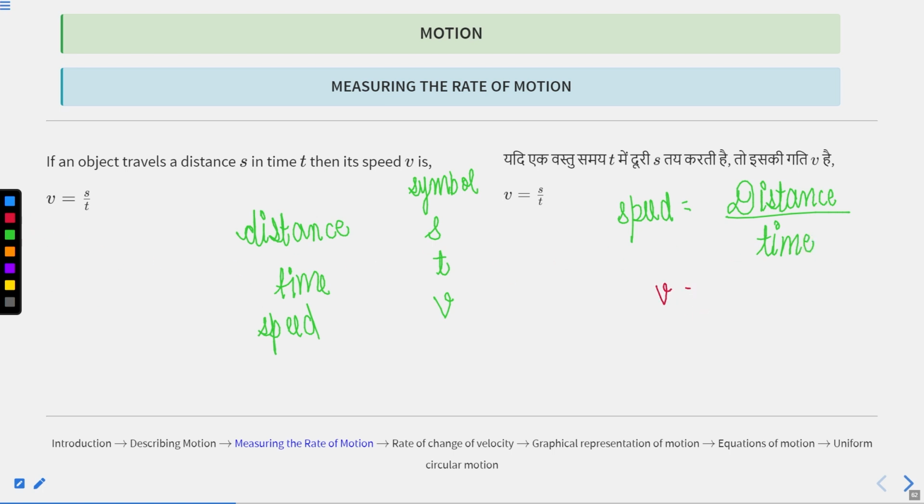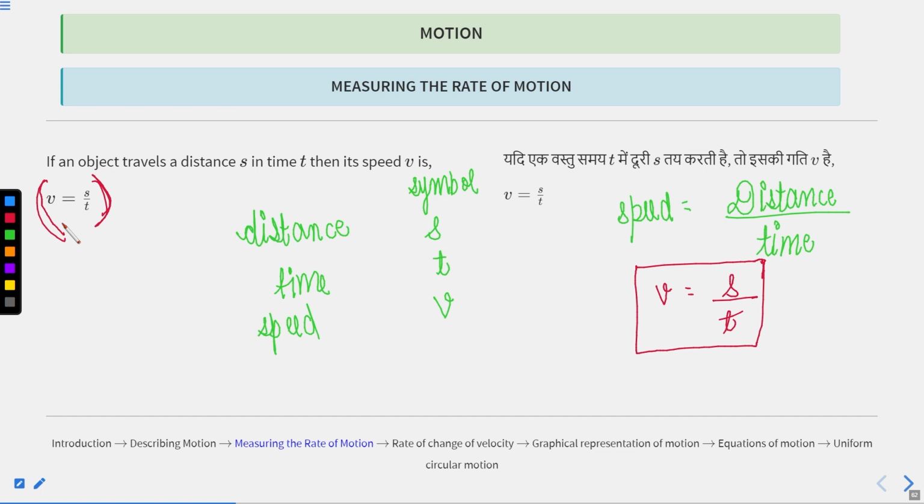Speed is V, distance is S, and time is T. So this is the formula of speed in symbol form. V equals S by T. Okay, this is the formula written here. V equals S by T. This is the formula of speed.